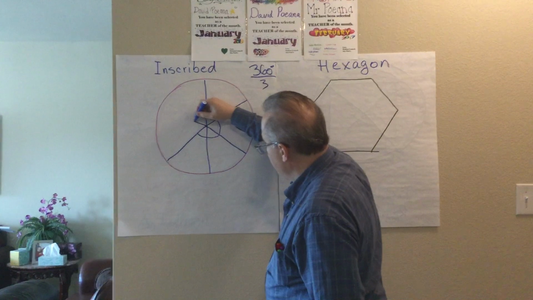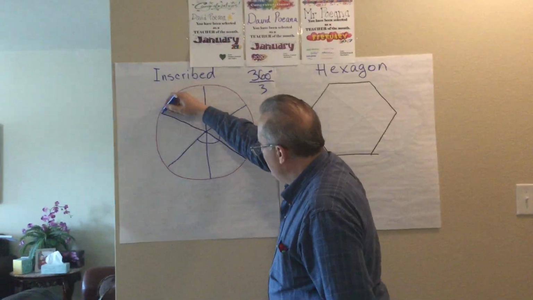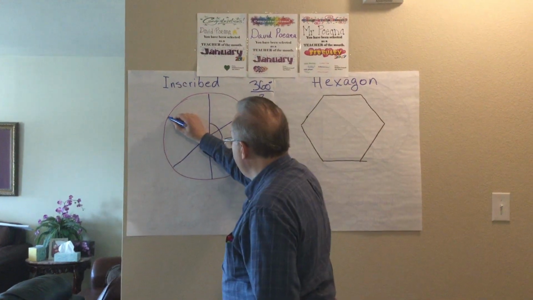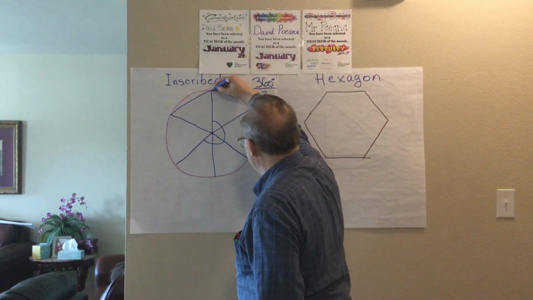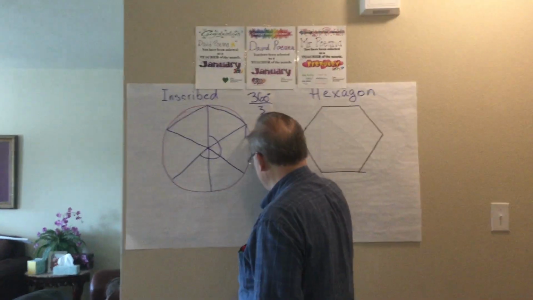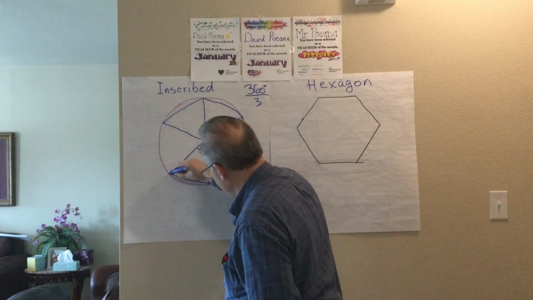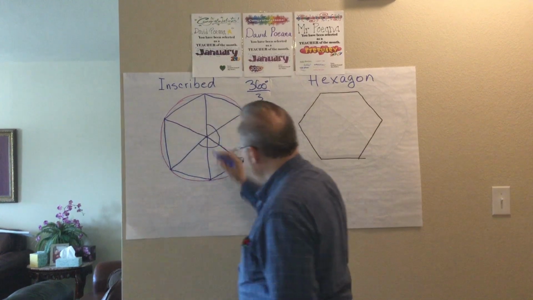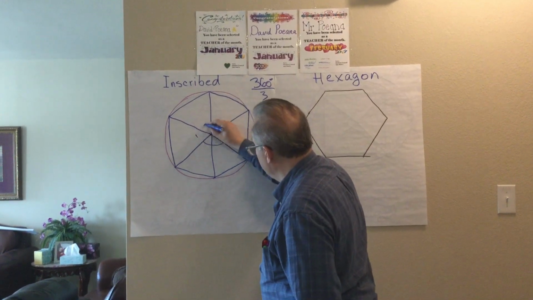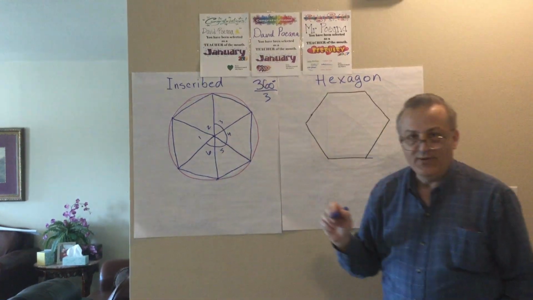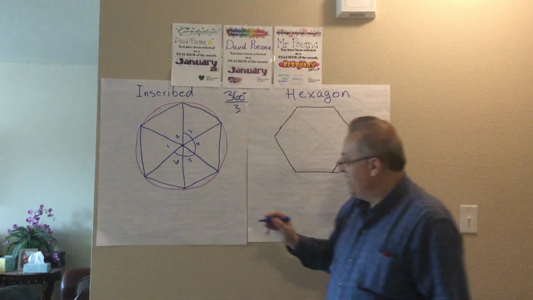And this one, I divide it one more time. What am I getting? I am getting a hexagon made of 1, 2, 3, 4, 5, 6 equilateral triangles.